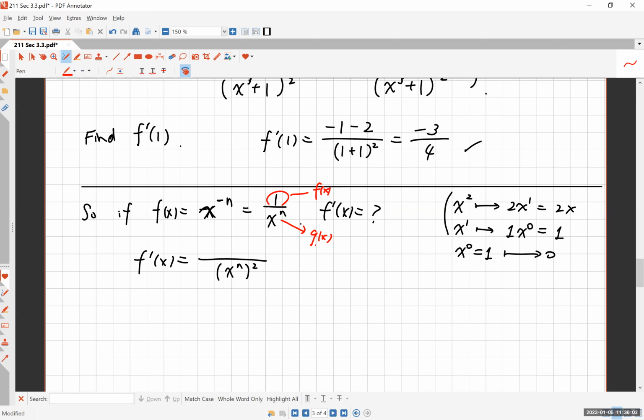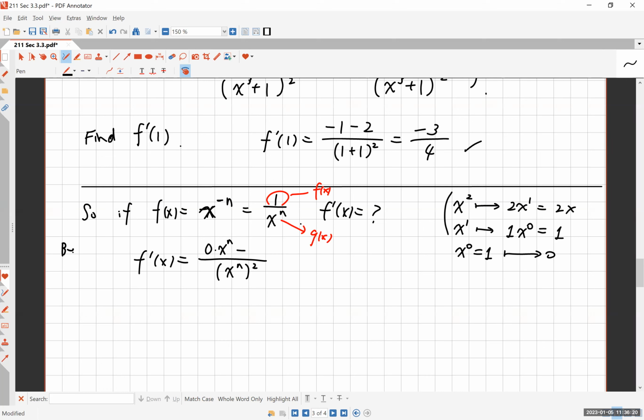So the first one on the numerator is the derivative of f, well, we have two f's involved in here. But the derivative of the top is 0. And that's followed by g of x, which is x to the n.